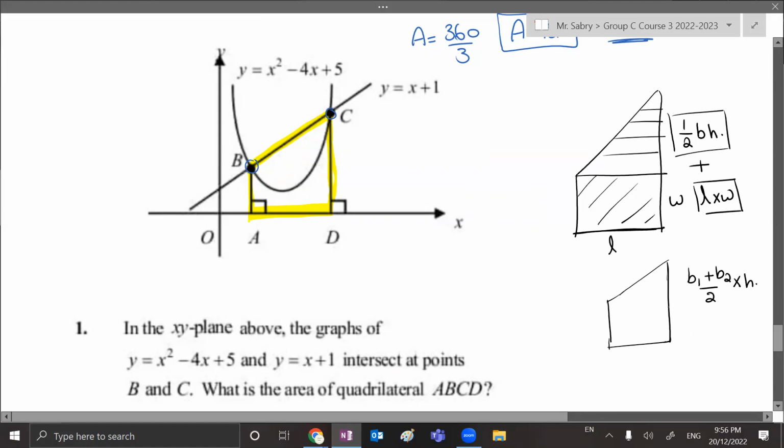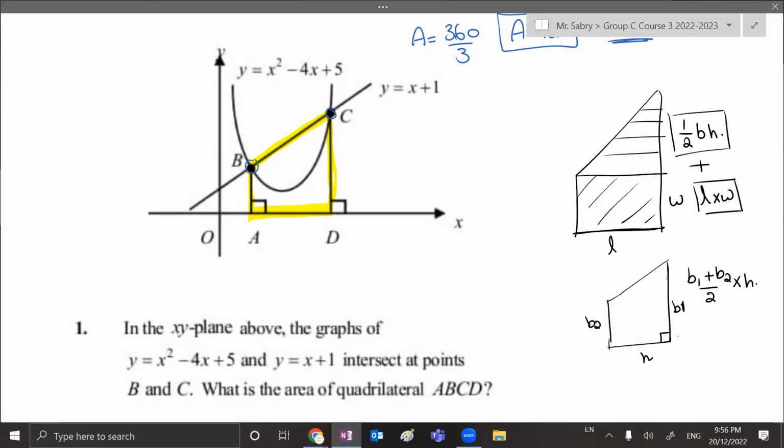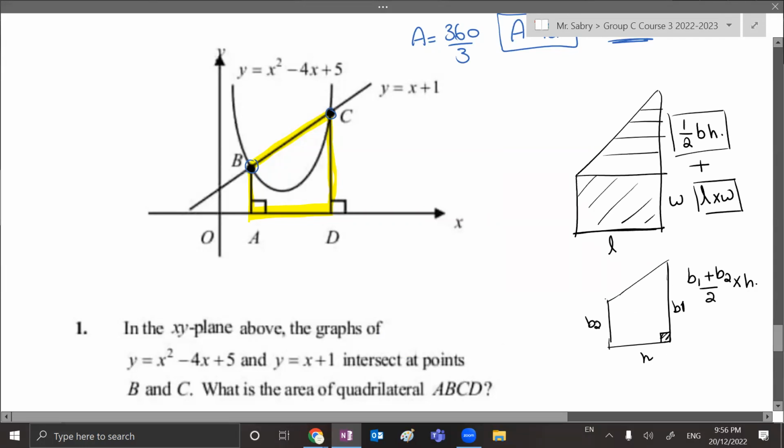And in this case, we can consider this base 1, this one base 2, and this one as the height. So if you know the distance of this, and the distance of that, and the distance here, you can get the area of the shape. We'll see how this works now.